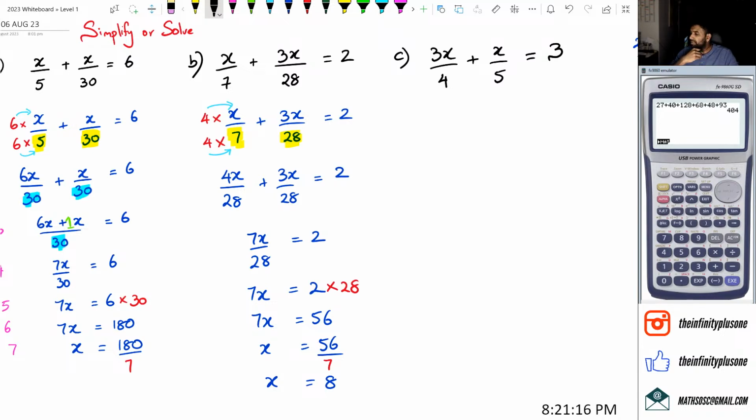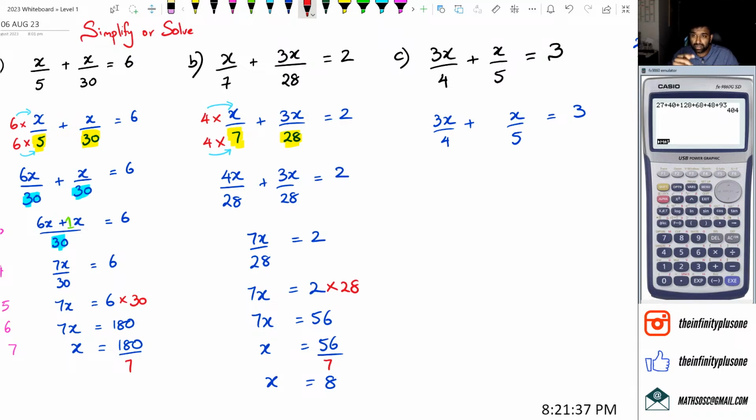All right, so I'm going to start doing this question very slowly here. Now, with 5 and 4, I'm going to give it a little bit of space here. Between 5 and 4, I know that the lowest common multiple is 20.